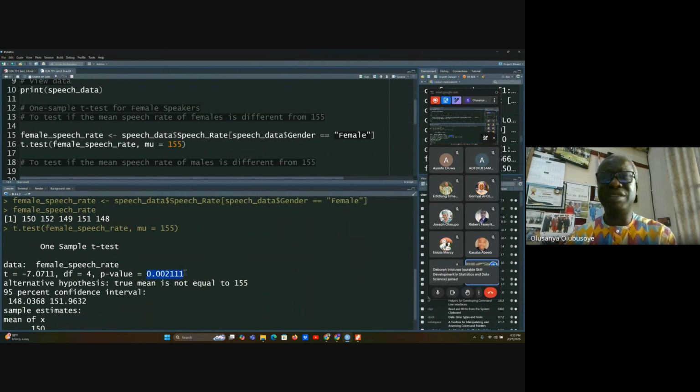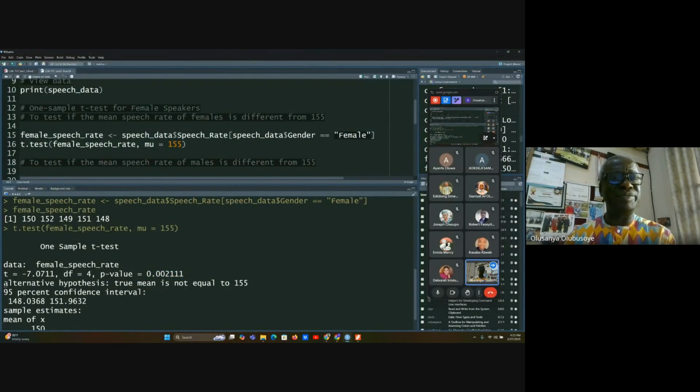So we have very strong evidence to reject the null hypothesis. In this case, we have strong evidence to reject the null hypothesis.